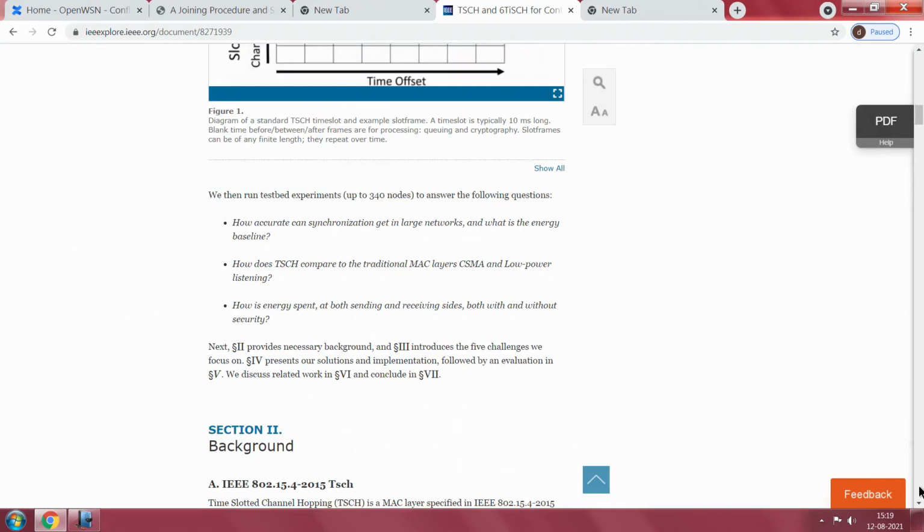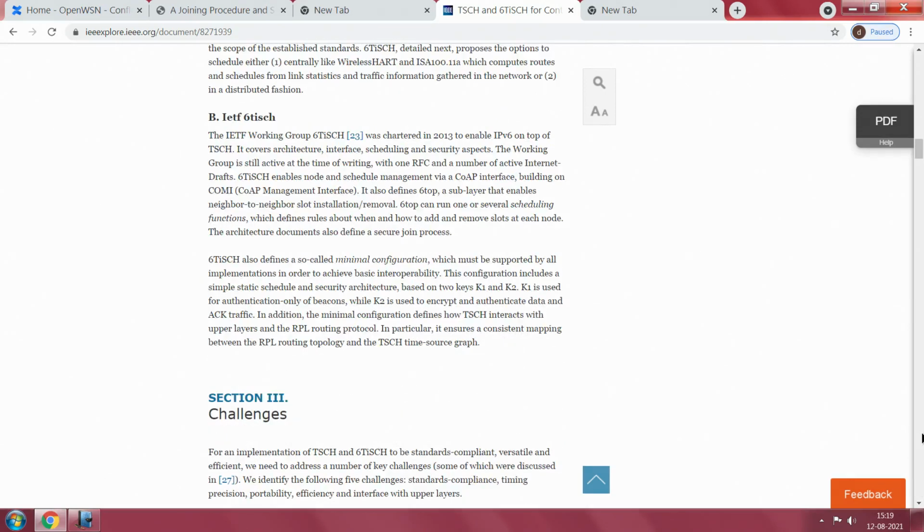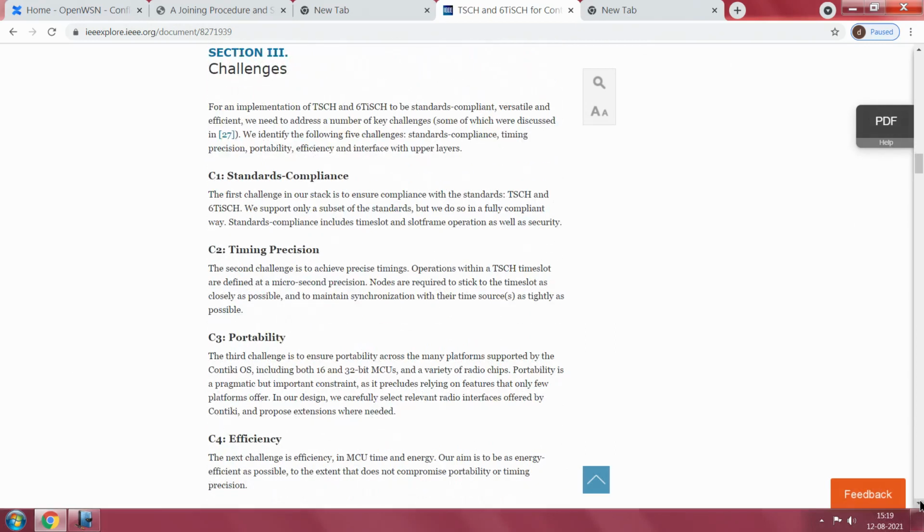In this paper, apart from the basic background literature that is described, the challenges are mentioned here, and I would like to read out the challenges if you are planning to implement this 6TiSCH for any of the industrial networks. The first challenge is standards compliance, to ensure that TSCH and 6TiSCH all interwork quite easily, and only then can you say that across vendors it becomes fully compliant and people will be able to use them in a very effective manner.